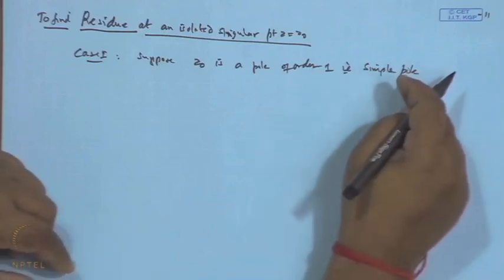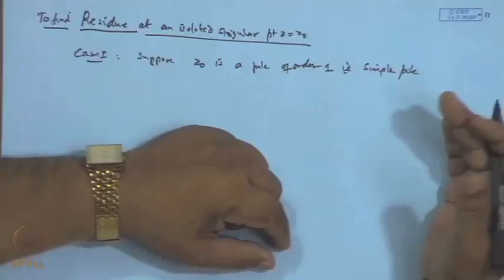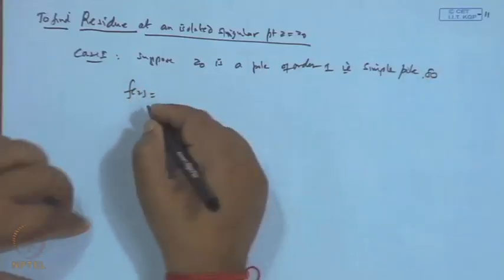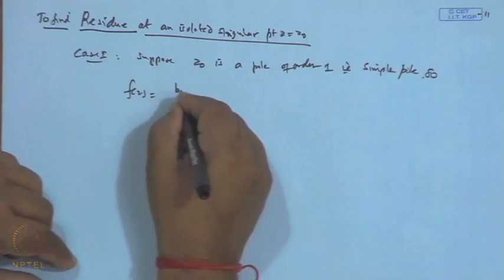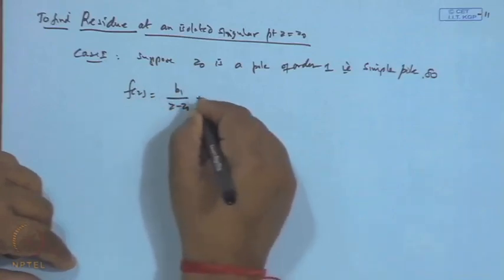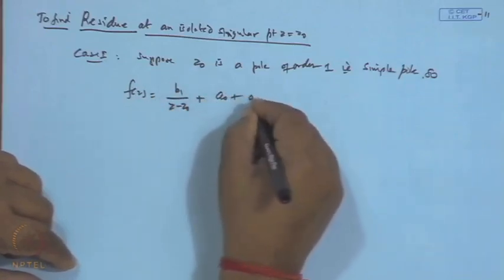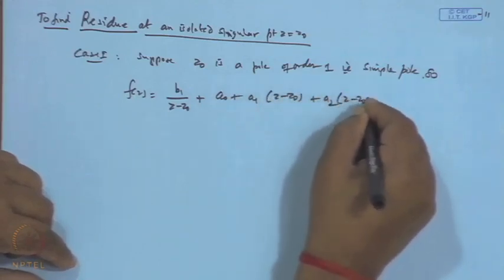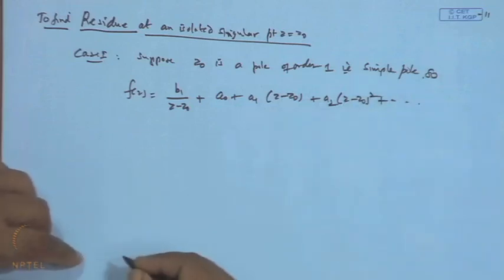If it is a pole of order 1, then the Laurent series expansion will involve only one term in the negative portion, the principal part, and the rest of the terms will have positive integral powers of z minus z naught. So, we can write the expansion f z as b 1 over z minus z naught plus a naught plus a 1 times z minus z naught plus a 2 times z minus z naught whole square, and so on.